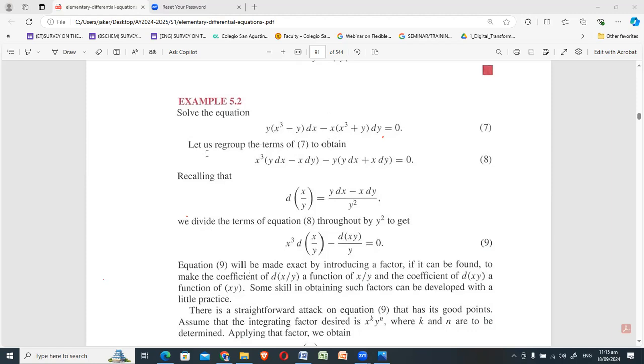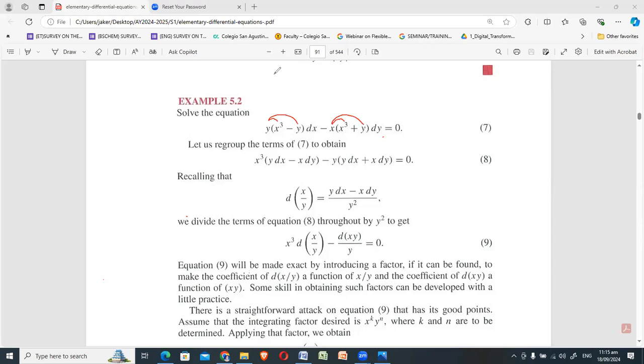Equation 7 being simplified to equation 8, I'm referring to the numbers beside the equation, is not something that is outright. The reason why the author wrote it that way is not something that will be like that right away. So what you do, you expand. You have this expanded first. So you do distribution, something like that.